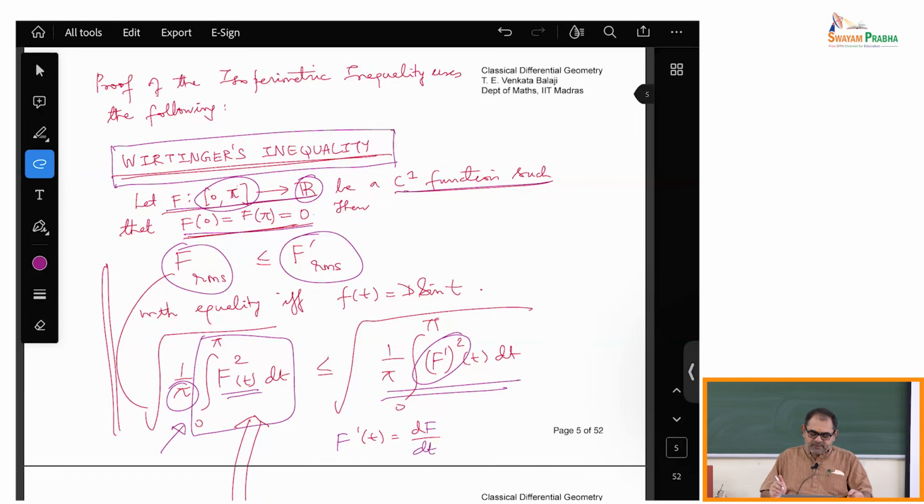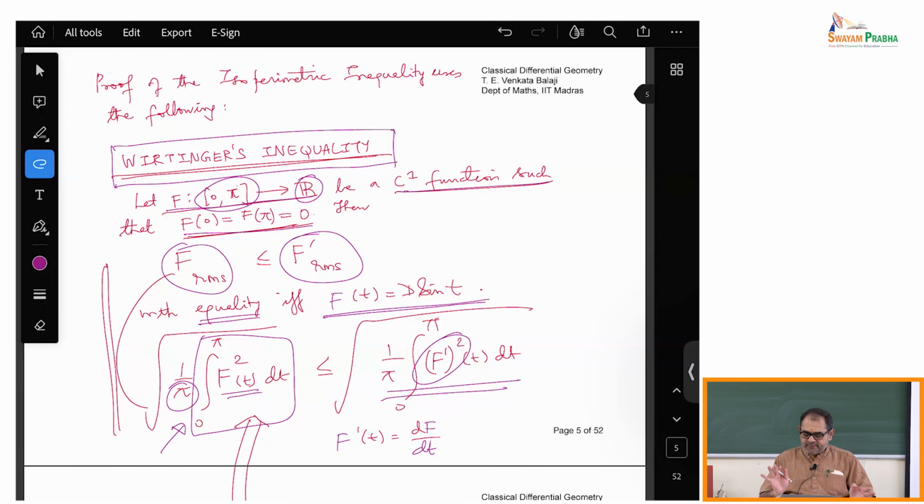This is the Wirtinger inequality, and the big deal is that the equality occurs if and only if the function capital F is a constant multiple of the sine function. Okay, so that is the statement.